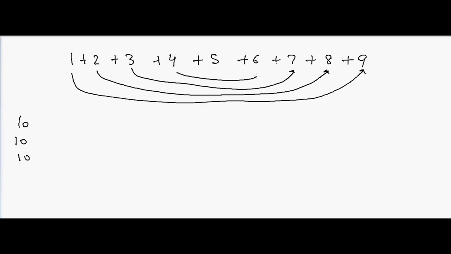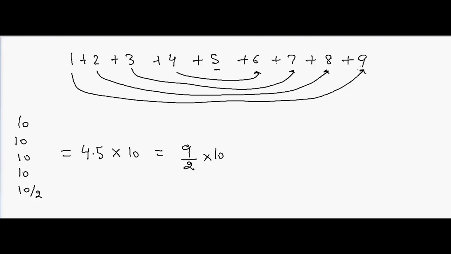Then we can add 4 and 6, so we get one more 10, and then we are left with a 5, which is half of a 10, so 10 divided by 2, you can say. So in total we have 4.5 into 10, so 4 tens and half of a 10. Again, that will be equal to 9 divided by 2 into 10.